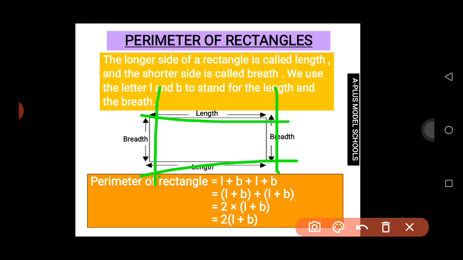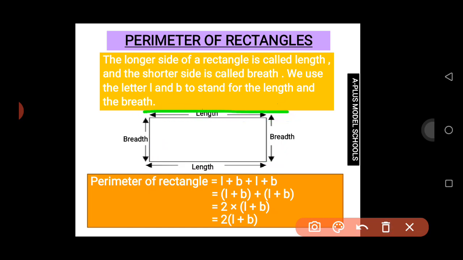Now, if I have this side to be the length, this will also be my length, this will be my breadth, this will also be my breadth. Now, I told us that the perimeter will be the sum of the sides. This is 1, this is 2, this is 3, and this is 4. So when you add all the 4 sides together, that will give you the perimeter of the shape.